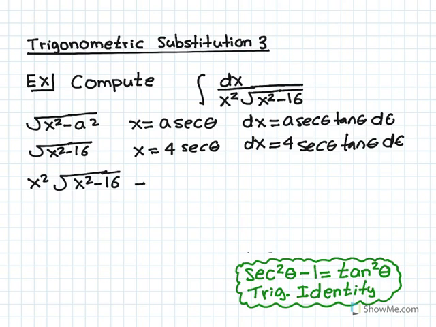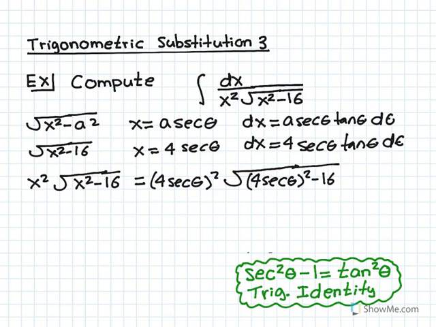Now applying the transformation, x is equal to 4 secant theta, so we get (4 sec theta) all squared times root of (4 sec theta) all squared minus 16. Let's simplify this.